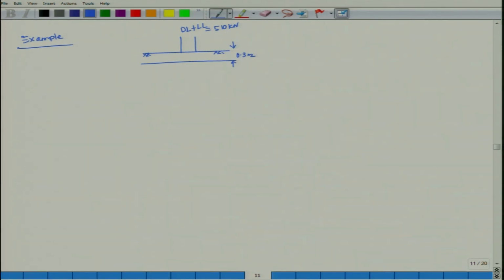Given gamma is equal to 17.2 kilonewton per meter cube, G is equal to 2.72, water content W is equal to 41%, liquid limit WL is equal to 64%.